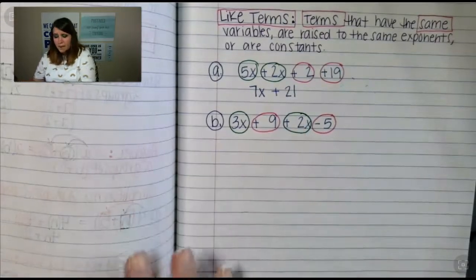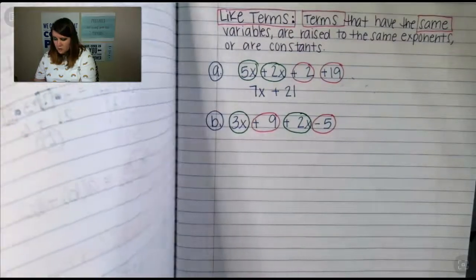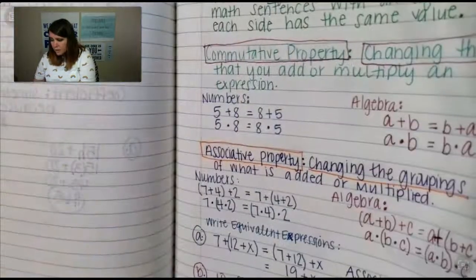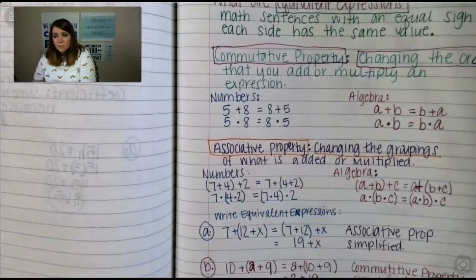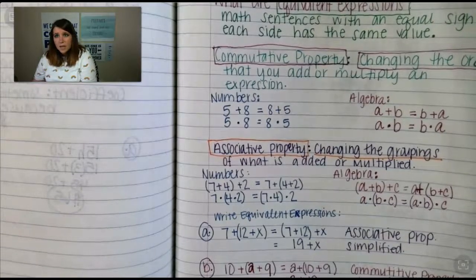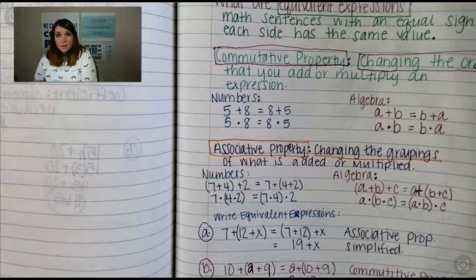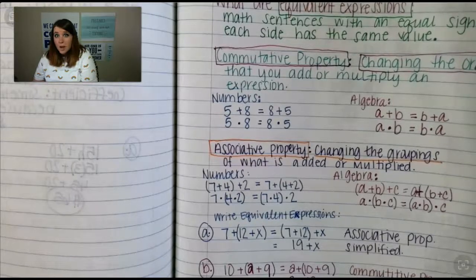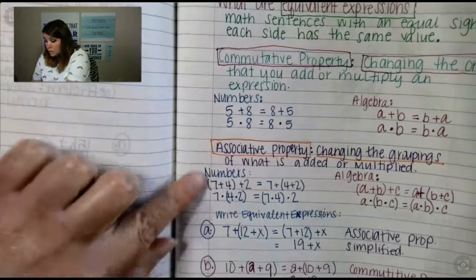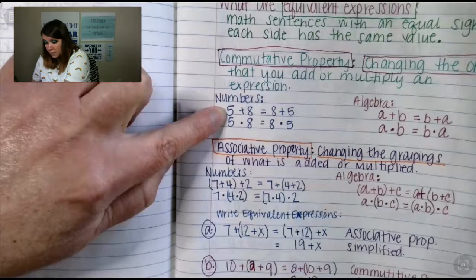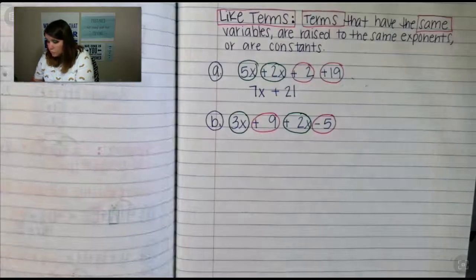So we're going to look back at our commutative property here, and it says that I can move things together that are the same, right? So if it's a positive number, I can move it around. So I can move positive things around. Let's move them.